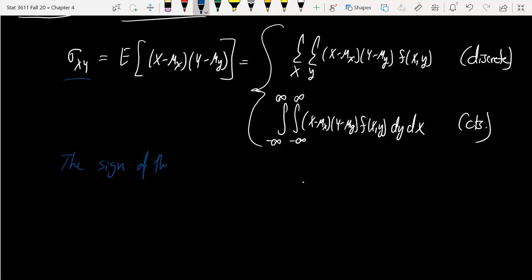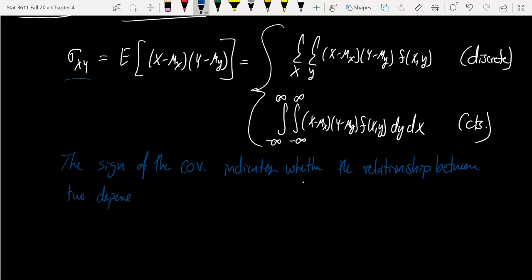The sign of the covariance indicates whether the relationship between two dependent random variables is positive or negative.